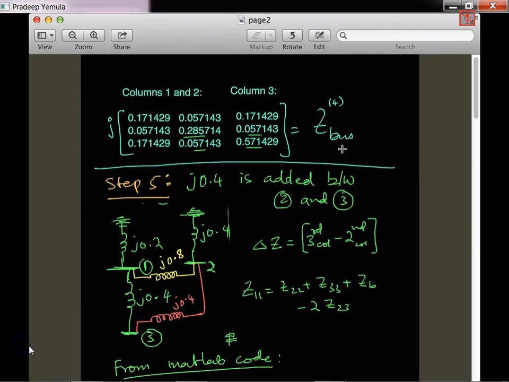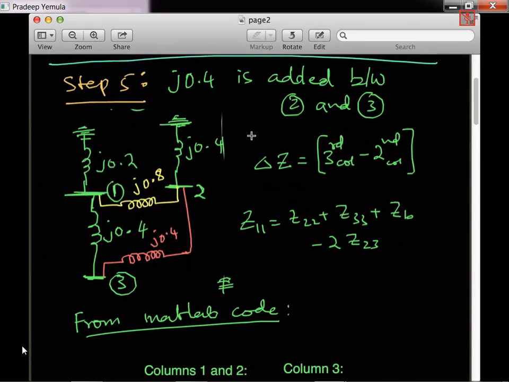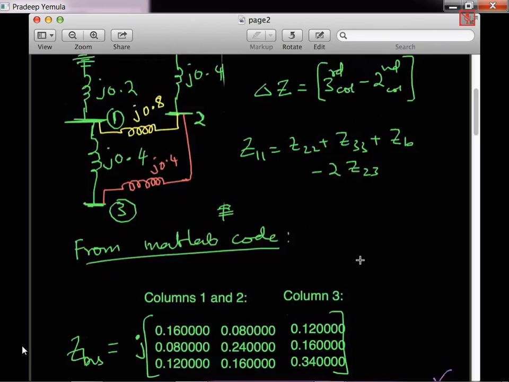That comes after the 4 iterations. Then in step 5, I am adding another impedance J0.4. Here you can see in the diagram between bus 2 and 3, a new impedance J4 is added. Again, because it's between column 3 and column 2, I take the subtraction of the third column and second column, and then I did all these things.